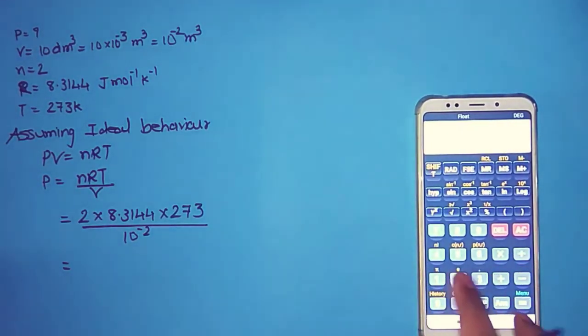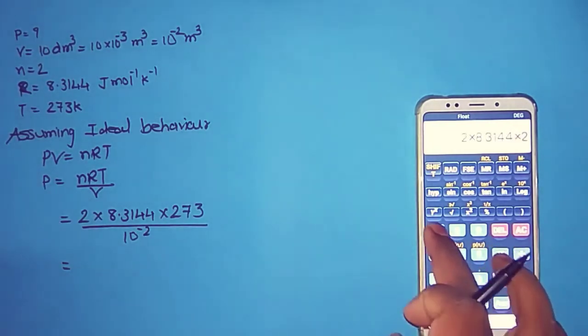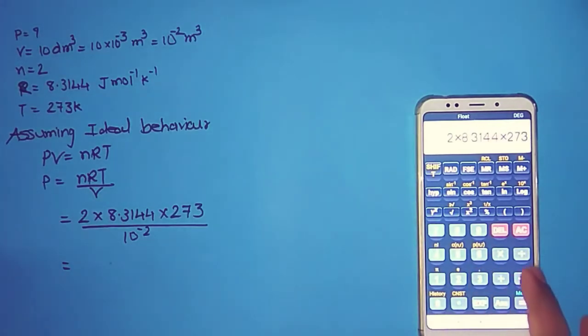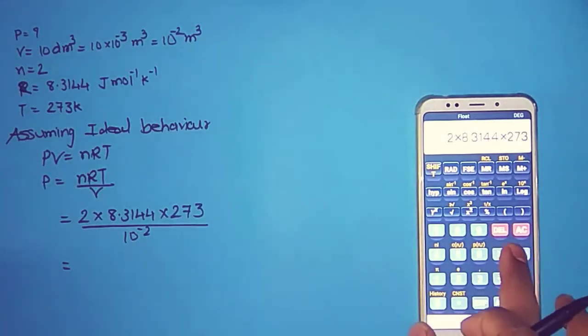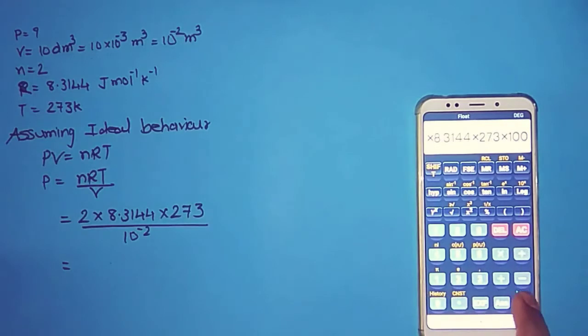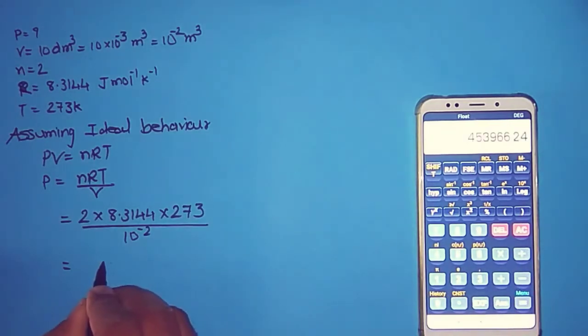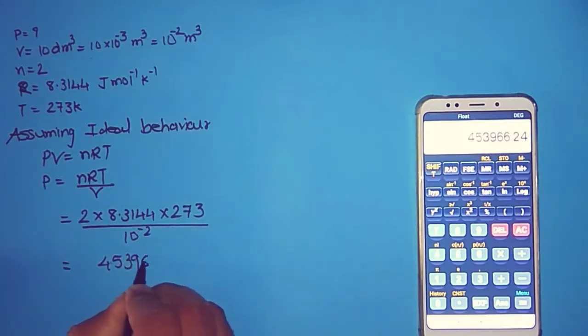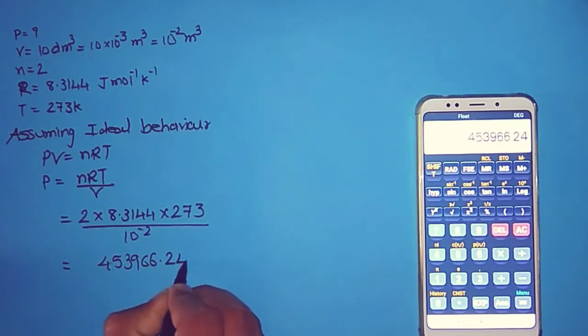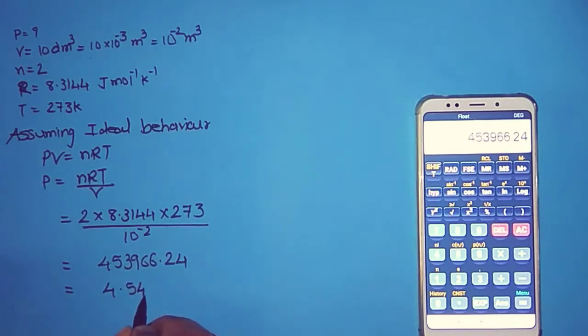So 2 into 8.3144 into 273, divided by 10 raised to minus 2, so I will simply multiply it by 10 raised to 2, that is 100. So it is 453966.24. We can also write it as 4.540 into 10 raised to 5 Newton per meter square.